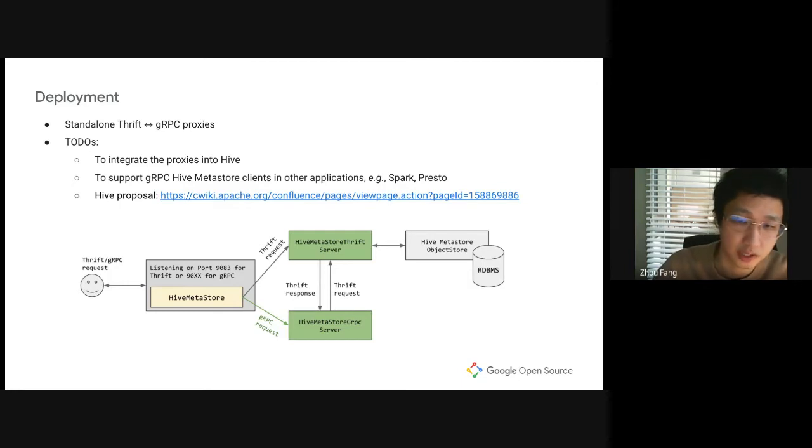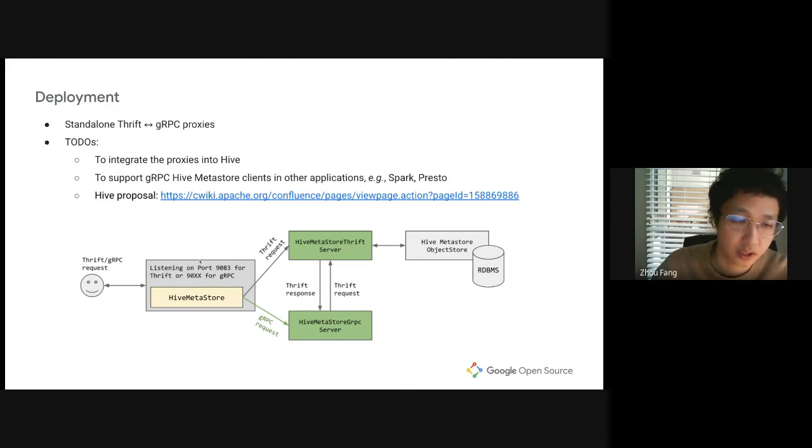The solution is like this plot. When the customer talks to Hive Metastore today, it will forward all the traffic to a Hive Metastore Thrift server, and it will forward the traffic to the backend relational database. So the next step, we plan to add a configuration. If the configuration says it will use gRPC, then it will launch a new Hive Metastore gRPC server.